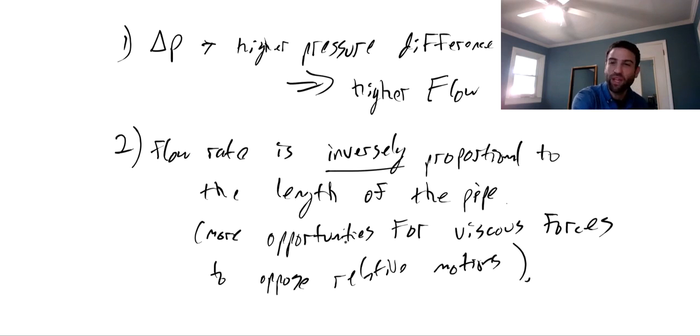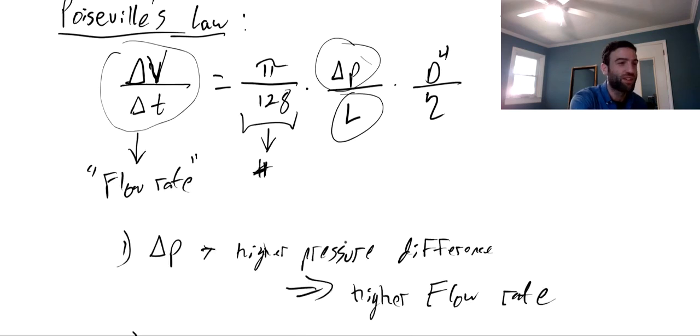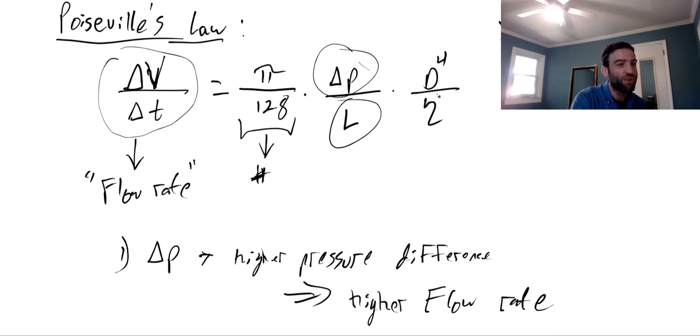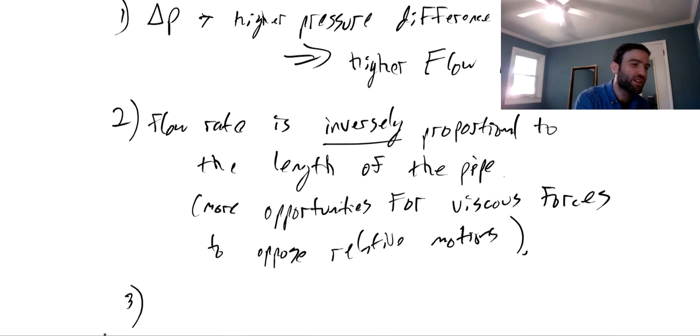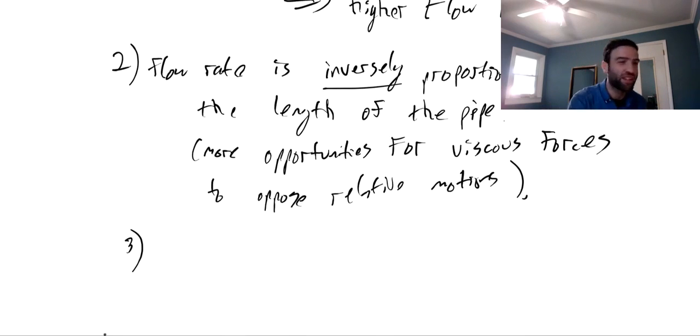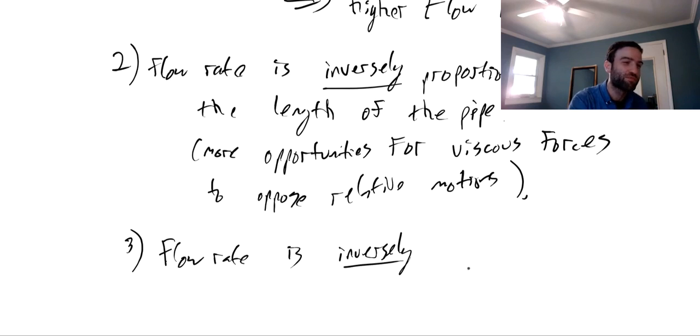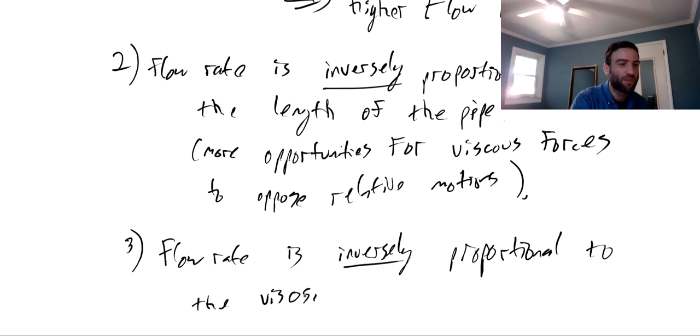Okay. The next thing that I want to talk about is that the flow rate is also inversely proportional to the viscosity. And again, the reason for that is, I think, as straightforward as it being inversely proportional to the flow rate itself. So flow rate is inversely proportional to the viscosity of the fluid.